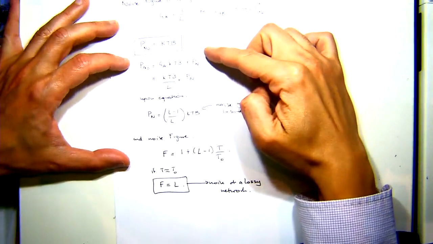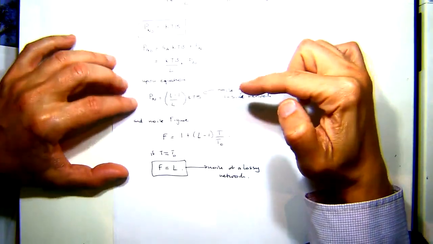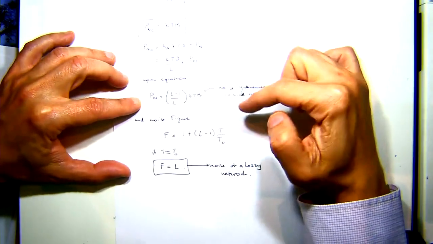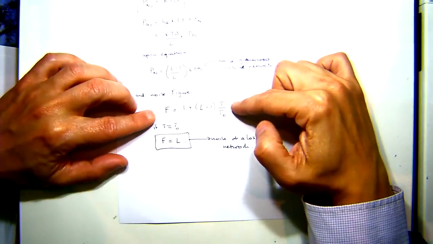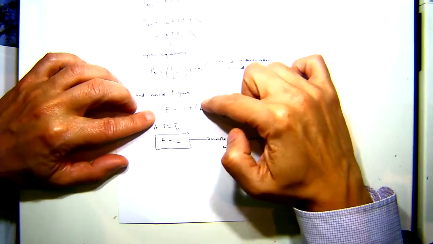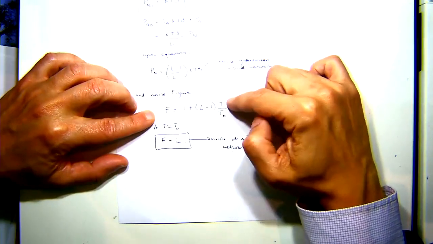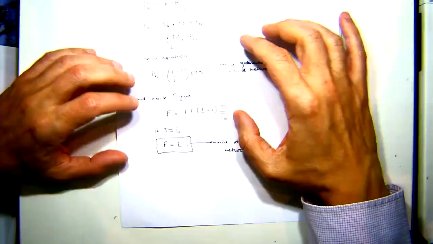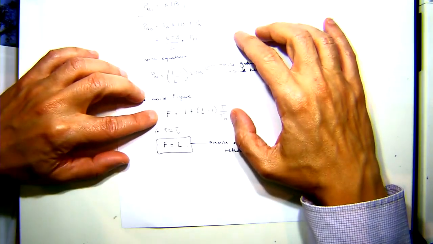What you can do is go through the calculations, work out the power of the noise, and show that the noise figure goes as 1 plus (L minus 1) T on T naught, where T is the actual temperature and T naught is the reference temperature.